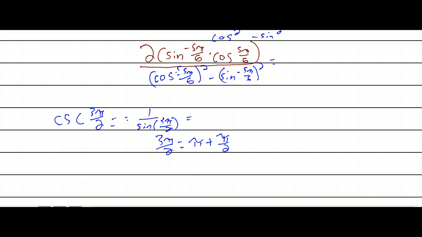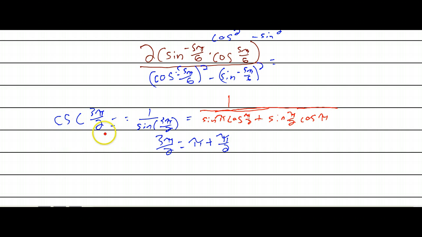So what you're going to be doing is 1 over, so now you have to use your identity again for sine. So it'll be sine pi times cosine pi over 2 plus sine pi over 2 times cosine pi. Okay?